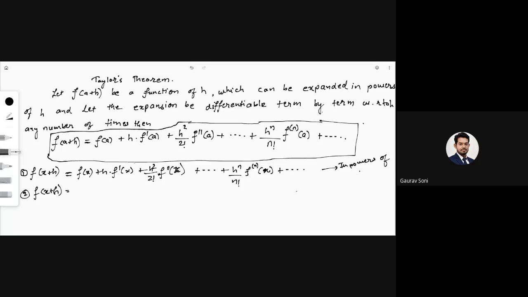There I have written the function in powers of h, so h square, h raised to n. So if I have f of x plus h, then this will be f of h plus x into f dash of h plus x square by 2 factorial f double dash at h plus up to x raised to n upon n factorial f n of h.